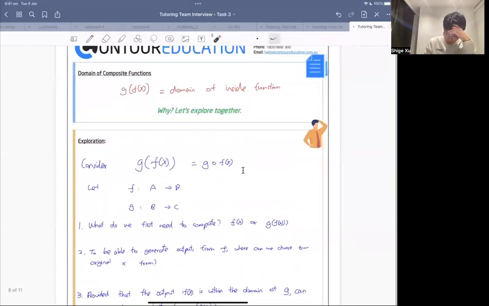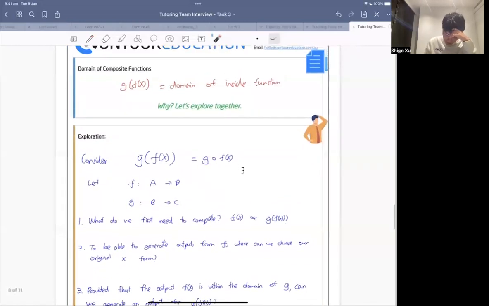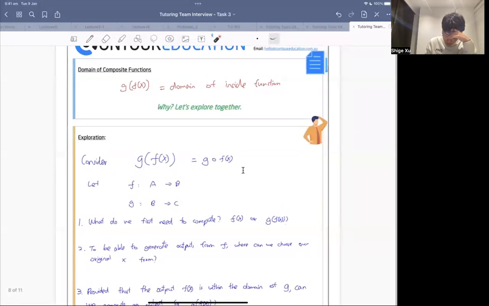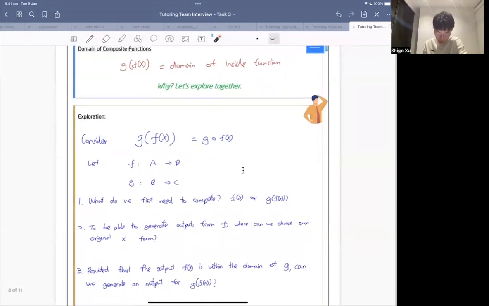Consider the composite function g of f of x, g composite f. Let's suppose f is a function that maps from the set A to the set B, and g maps from the set B to the set C. My first question is, what do we first need to compute? What's the order?